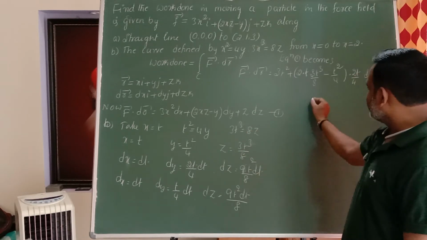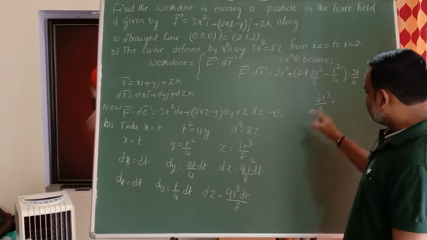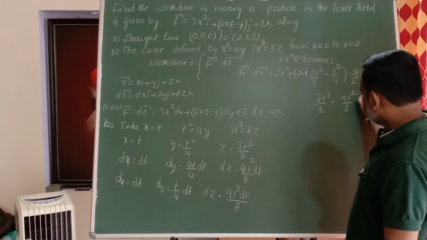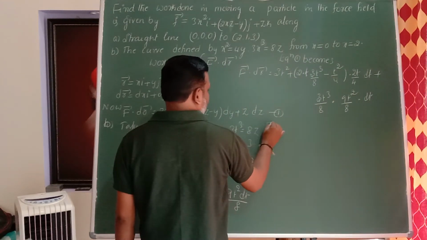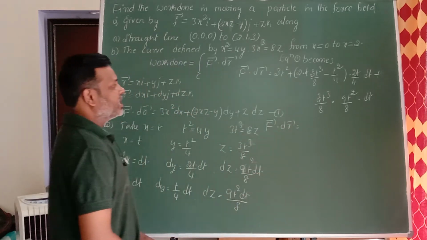What is z? z is 3t cube divided by 8, into dz, which is 9t square divided by 8 into dt. After simplification, f dot dr, we have to simplify this by taking LCM.